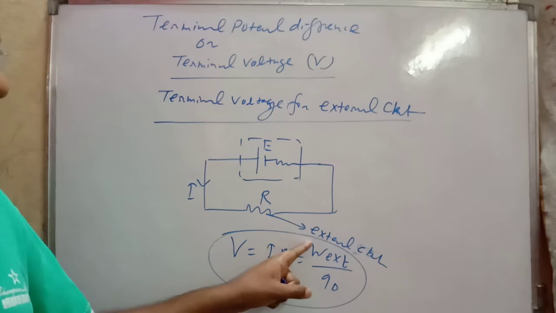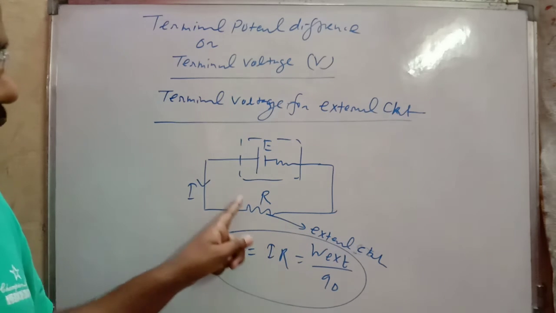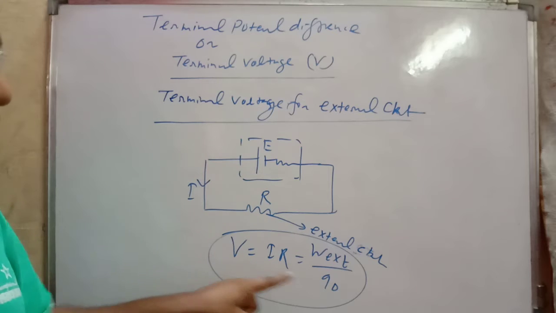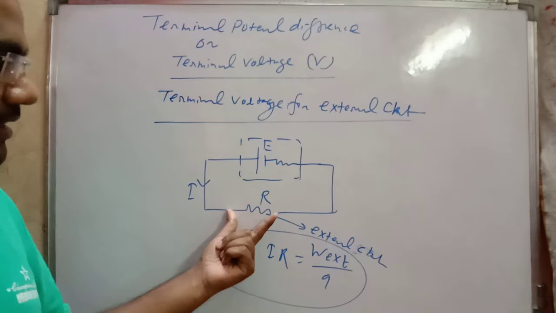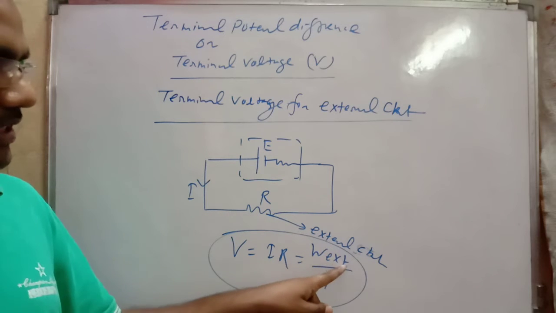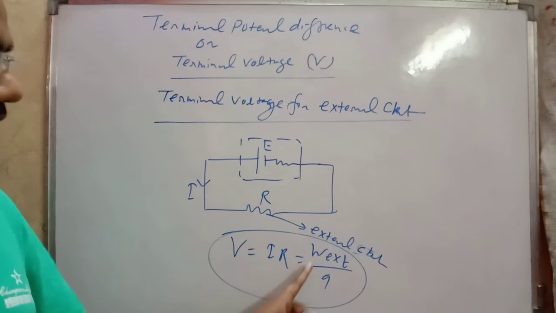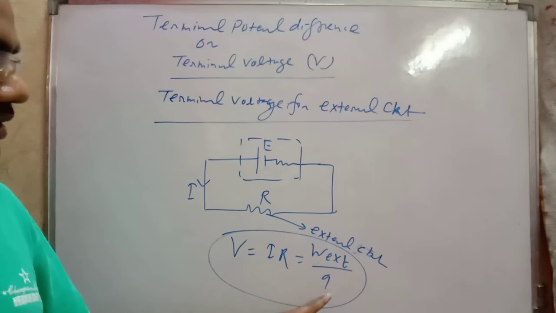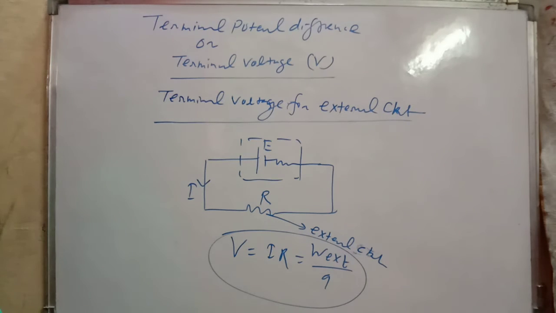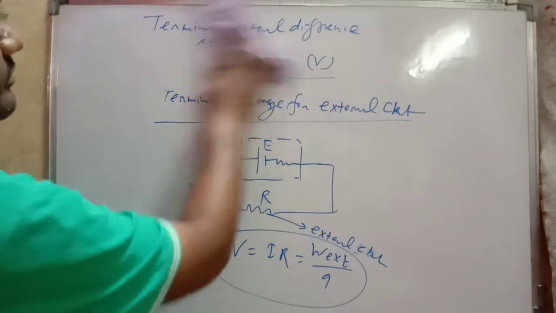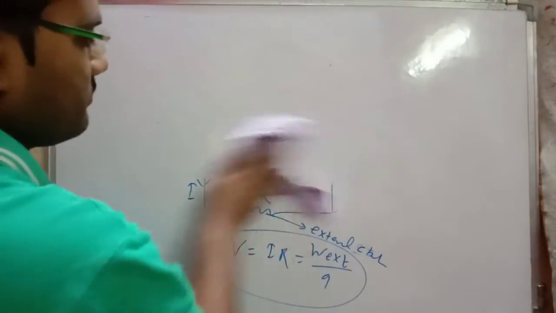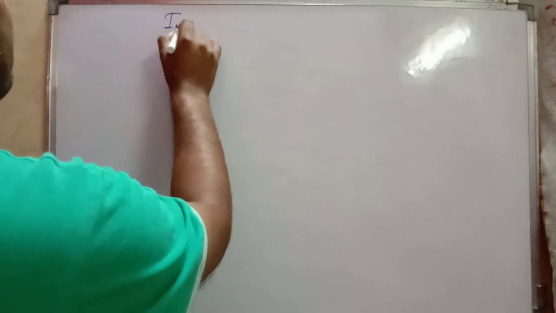It is also defined as the ratio of work done by the cell to flow a unit charge in the external circuit. The work done is Wext for the external circuit and the total charge is Q, then Wext divided by Q gives the terminal voltage. Its SI unit is also volt. Now the next one is the internal resistance of the cell.